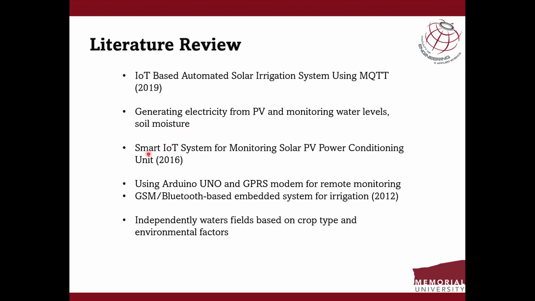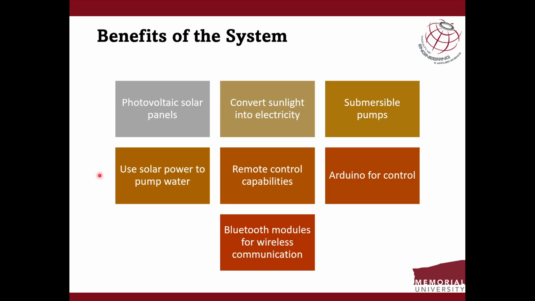Another group worked on a smart IoT system for monitoring solar PV power condition in 2016. And in 2012, they used Arduino Uno and a GPRS modem for remote monitoring with the embedded system and the irrigation system. That was a small summary of our literature review.